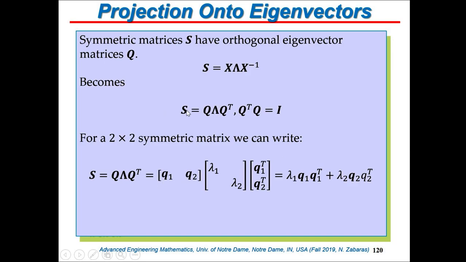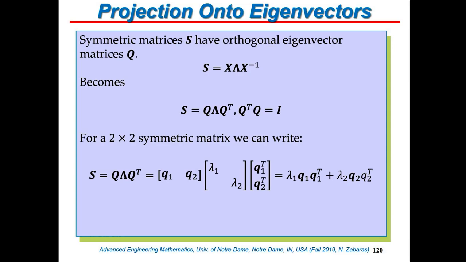So if I have a symmetric S, I can write this as Q lambda Q transpose. You can see here Q lambda Q transpose, and you can see I have these rank 1 matrices. So I'm decomposing it basically as the summation of these rank 1 matrices, defined as q q transpose, with the coefficients in front being the eigenvalues lambda.